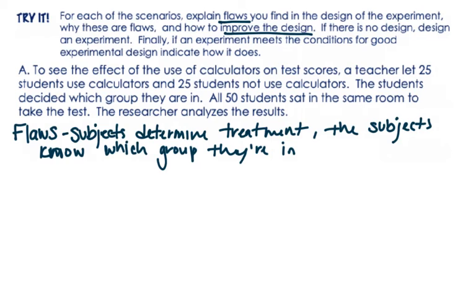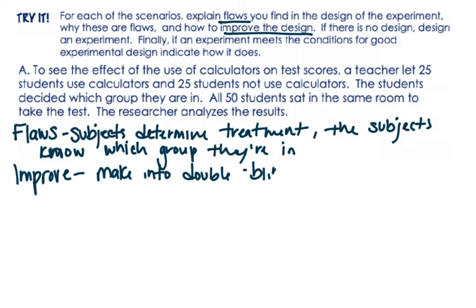Okay, so if we were going to improve it, I would say make it into a double blind, because I don't think the students should be determining which ones they want to go into. And then students could be randomly sorted into treatment and placebo groups.